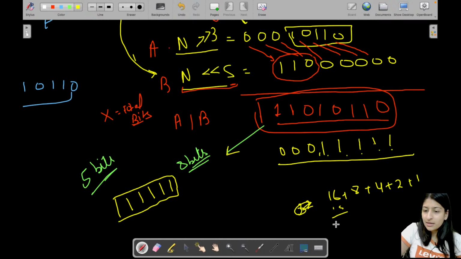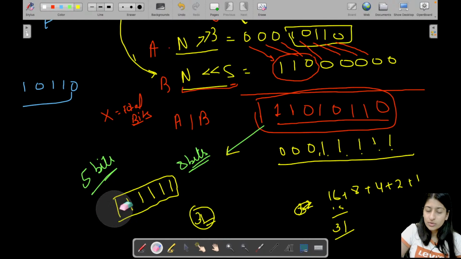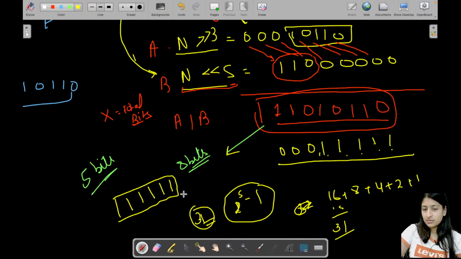So you are going to get 31, correct? So basically in terms of decimal, you are taking the number 31. This number is equivalent to 2 to the power 5 minus 1, right? Didn't you choose a number like this? That is 2 to the power 5 minus 1.